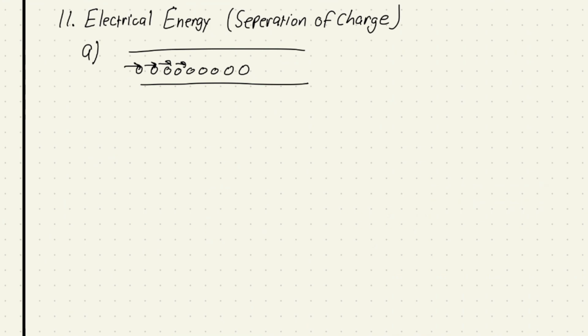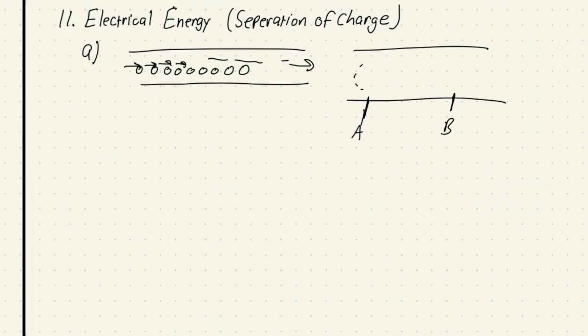And we keep seeing that going down the line until it reaches our house and starts to do work for us by powering our TV or our kitchen appliances, dryers, washers, all that kind of stuff. So this is, in a sense, a separation of charge. Maybe you don't think about it that way, but if I zoom in and think about just one of those electrons, the electron would start at position A and it will go to position B when it moves.